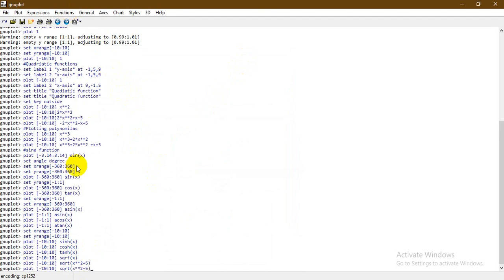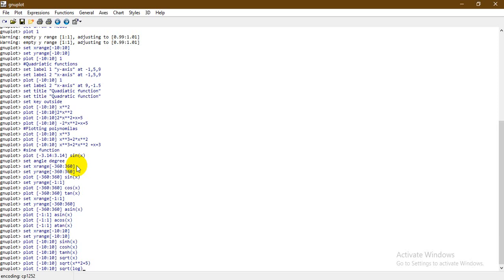Let's say I want to plot again logarithm. So let's say I want to plot the ln of x squared. If I want to plot the ln of x squared, you need to put in your mind that the ln in plotting in gnuplot is not written as ln, but instead written simply as log. So when you write log here, it's considered in gnuplot as ln. So when you write log, you continue by writing the function you want to be entered in it.